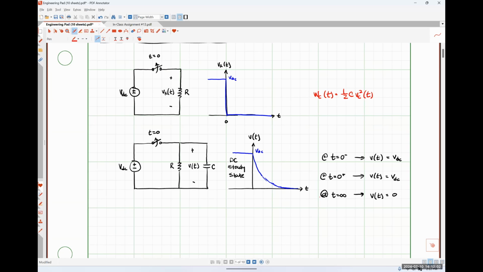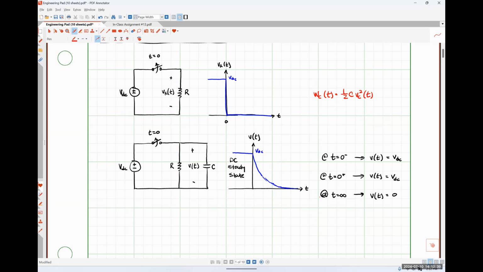The rate at which the energy is transferred from the capacitor to the resistor depends on the value of both the resistor and the capacitor, and we'll see that shortly when we derive some things. So we're looking at a system where we had some amount of stored energy, and then after a specific point in time, we stop replenishing that stored energy and allow it to be dissipated into our system. Okay.